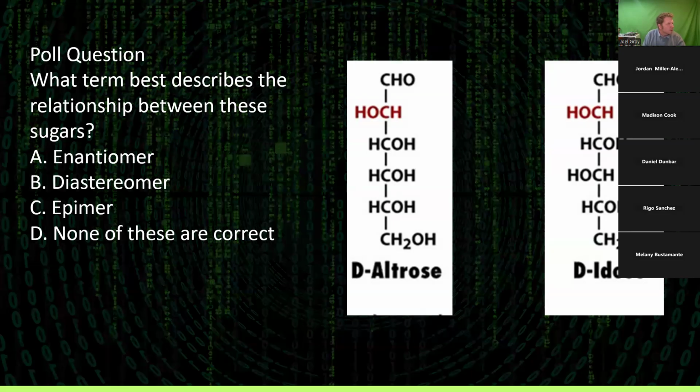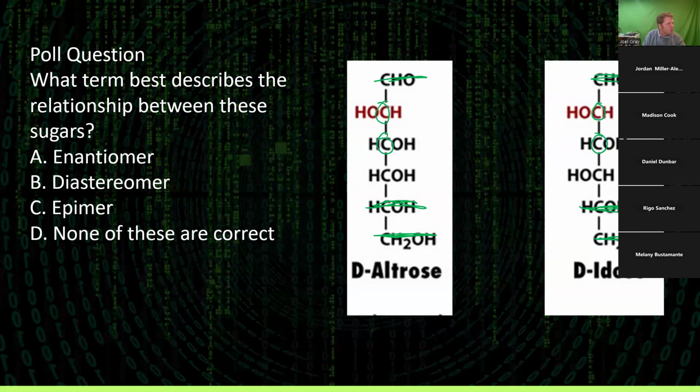We've got carbon number. Don't care about this one. Don't care about this one. This one. This one. Don't care about that. Don't care about that. Okay, so I've really got carbon number two. Those are identical. Carbon number three. Those are identical.